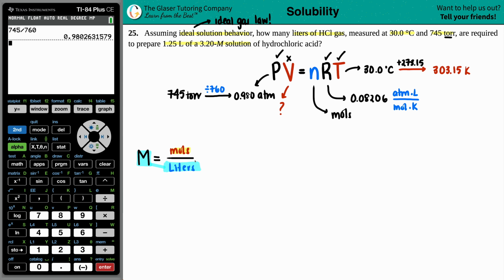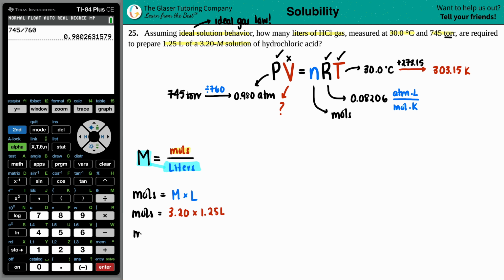So let's just write that out. Moles equals molarity times the liters. We got the molarity value they told us was 3.20, and I'm going to multiply that by the 1.25 liters.